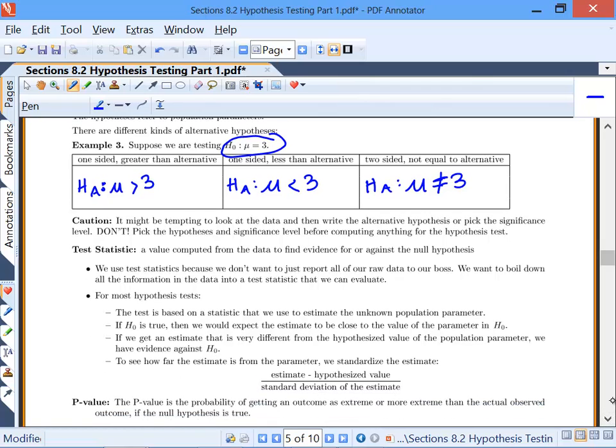Now, to see how far it really is, you need some way to standardize it, or to look at the standard error. So we'll do your estimate minus your hypothesized value, divided by your standard error, or the standard deviation of your estimate. That's just a way to scale how far it is from your hypothesized value.